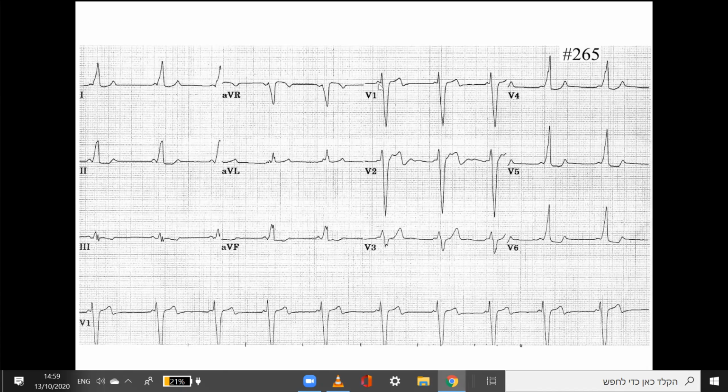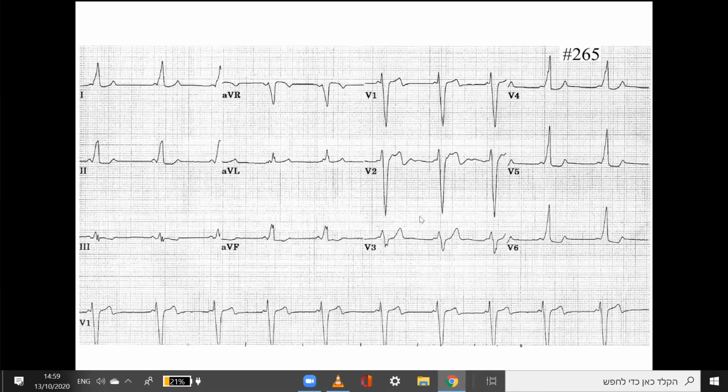And since in V1 the R wave is positive, it's type A. No, the R wave is mostly negative, so I would say that's type B. Okay, that's a type B. I'm not sure, but maybe I can see here in V1 the M, and in V6... No, nothing. Okay, that's fine. So it's nothing, only WPW syndrome that you do have.